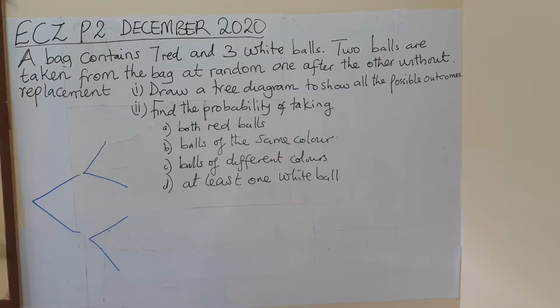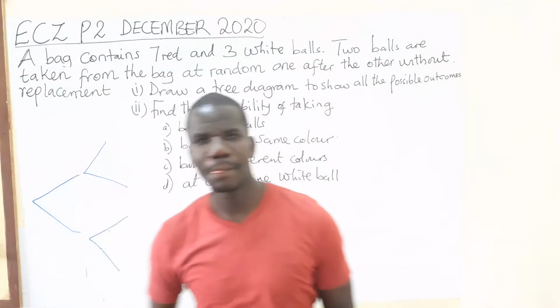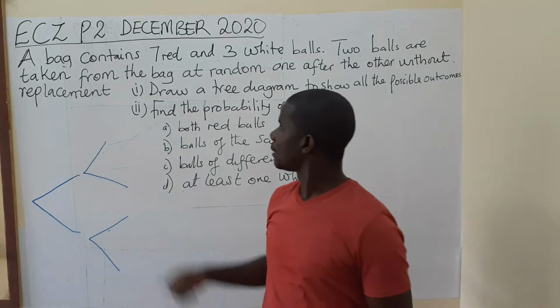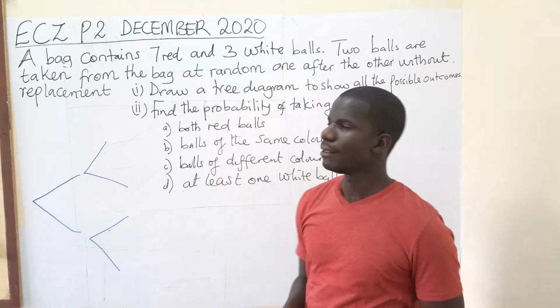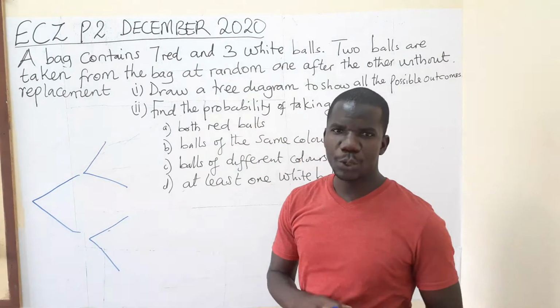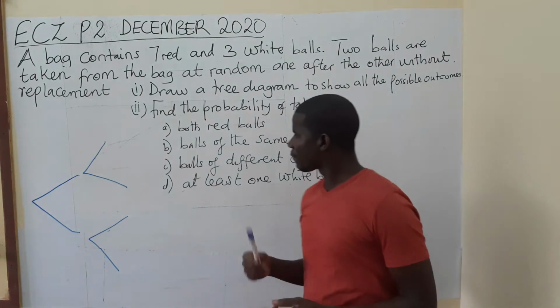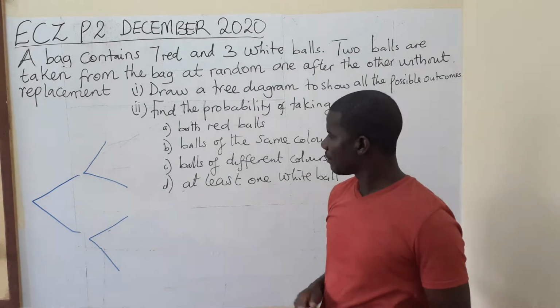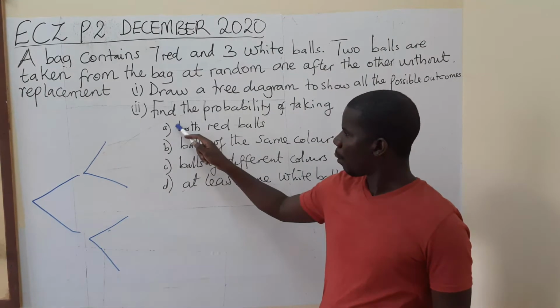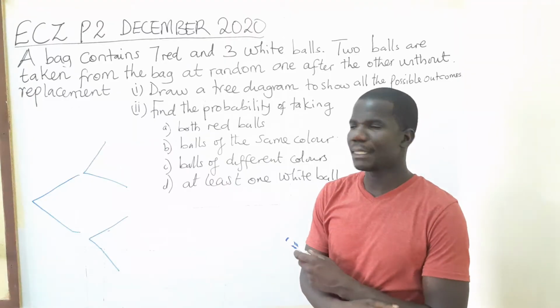Hello, welcome to this lesson where we're going to look at probability, a question that was in the exam last year, which is 2020. This question was in section A. As you know, section A of paper 2 carries composite questions. Of course, I must mention that questions 1, 2, 3 were not part of the question as it came in the exam.